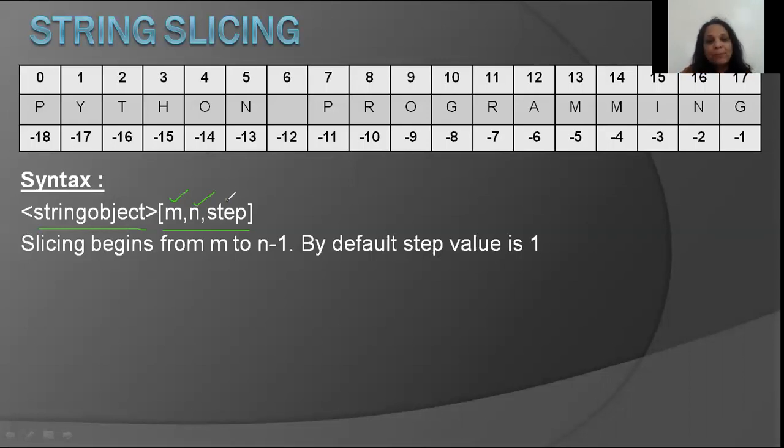The step value tells us that when we are moving from M to N, do we skip elements, or do we just take all the elements, or do we go backwards? All that is going to be given by the step value. But by default, the step is 1. So slicing will begin at M, slicing will end at n minus 1, and by default, the step value is 1.